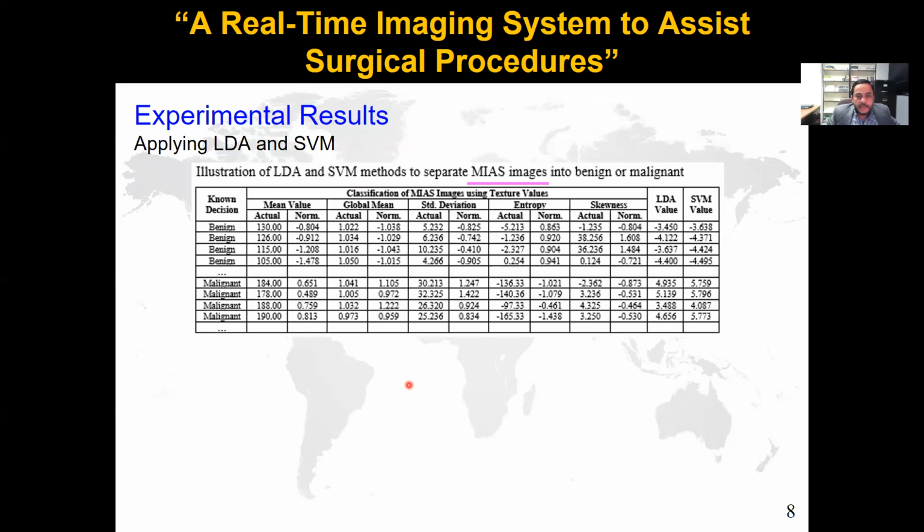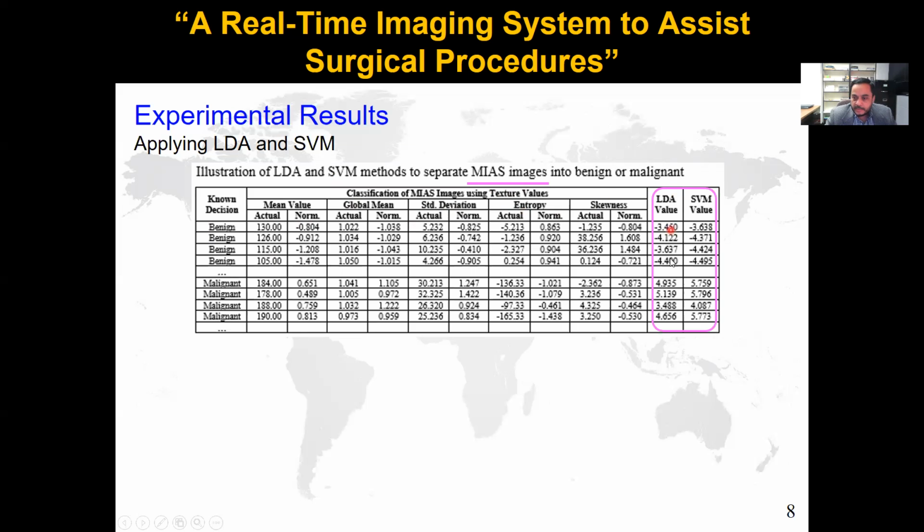But what we do, we actually consider all of them. Like as shown in this table, we do consider mean value, global mean value, standard deviation, the entropy value, skewness, and this set of values are using some MIAS images, and we apply both LDA and SVM methods.